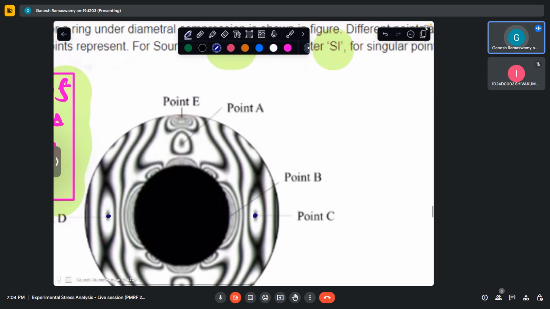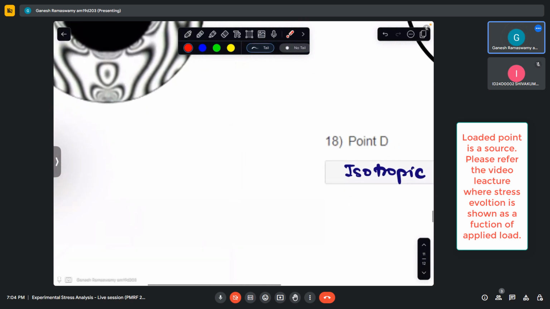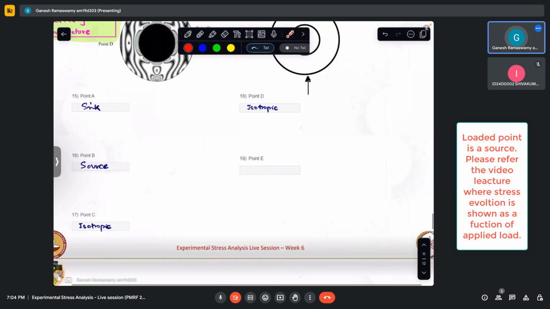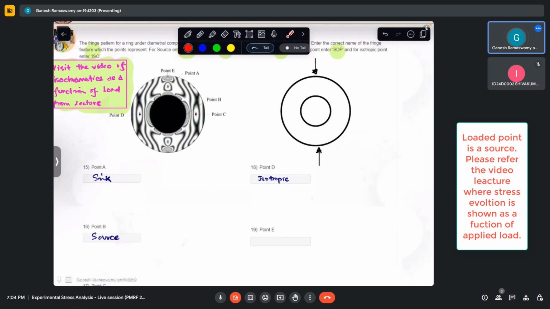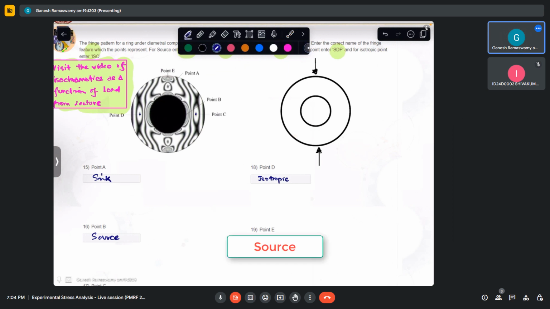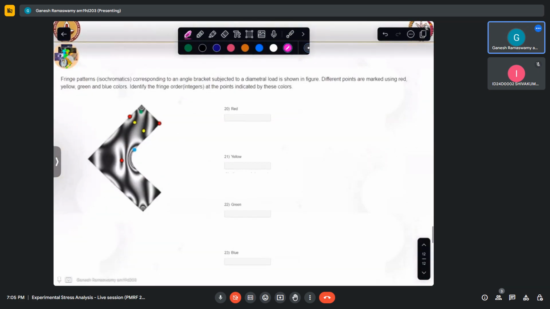Next, what is given is point E. Now since that is loaded there, we can easily conclude. Let us move on to this question.